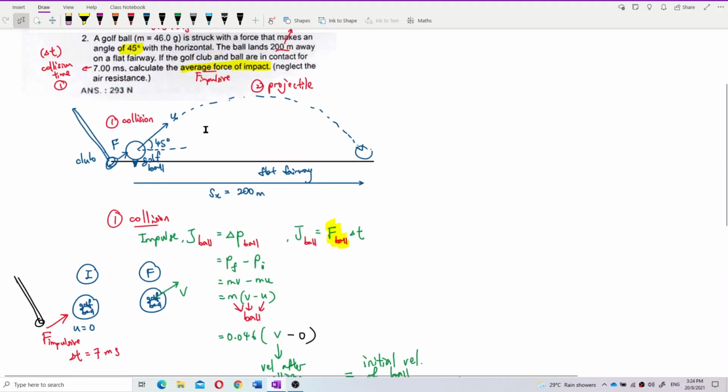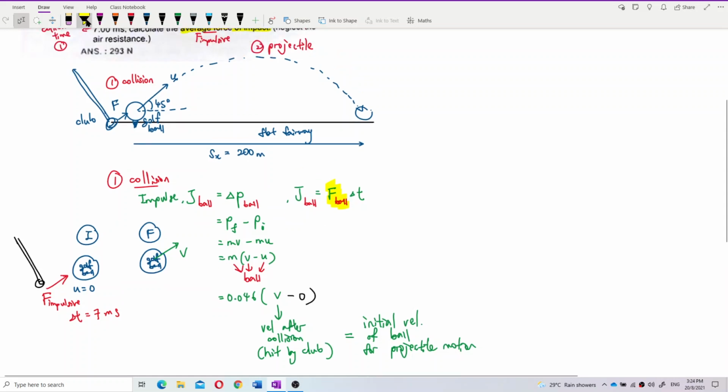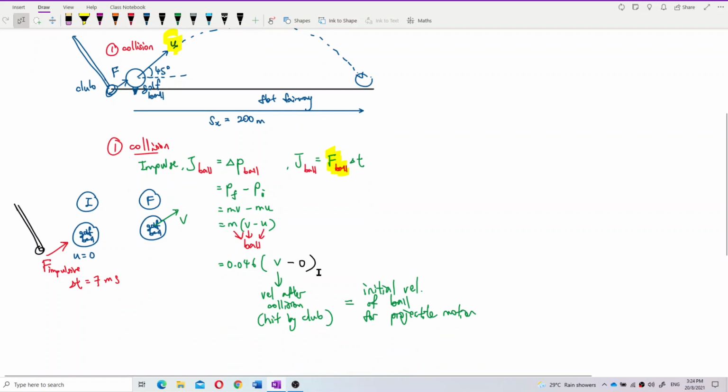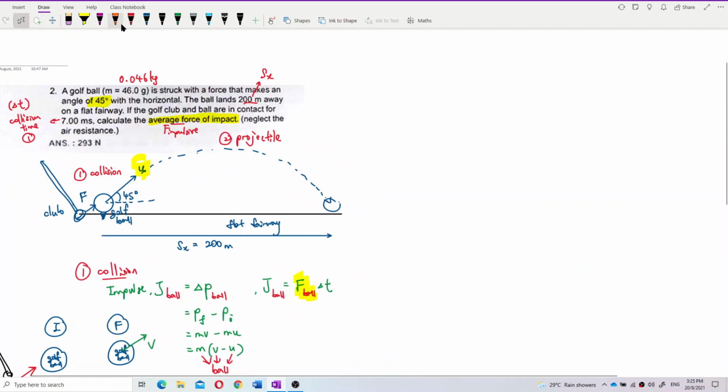To find out this u, in order for us to find the v here. So now it becomes u instead of v, now the u for projectile motion. Now we move to the second process, the projectile motion.